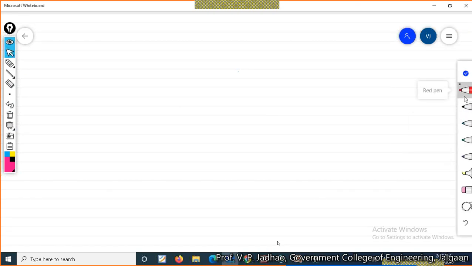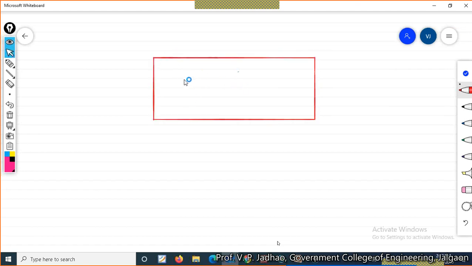Now what we will be assuming is that for getting the uniform pressure distribution, if this is your footing and these are your two columns, let us consider we are having two columns here like this.